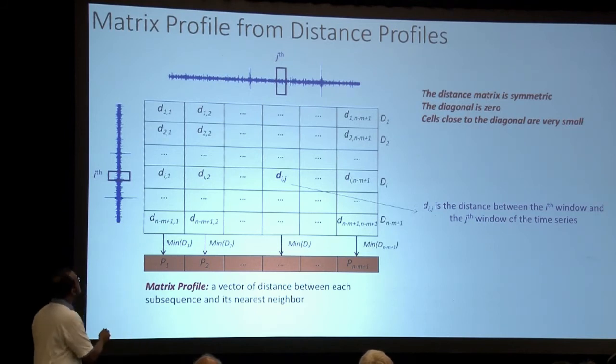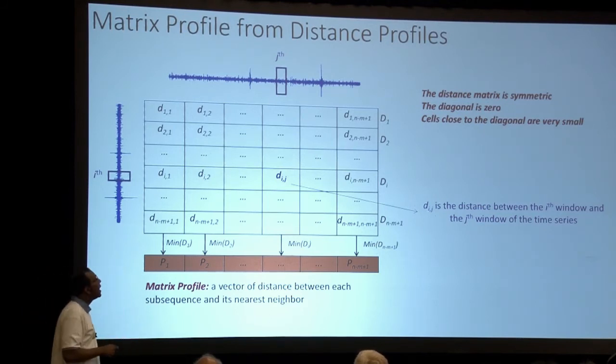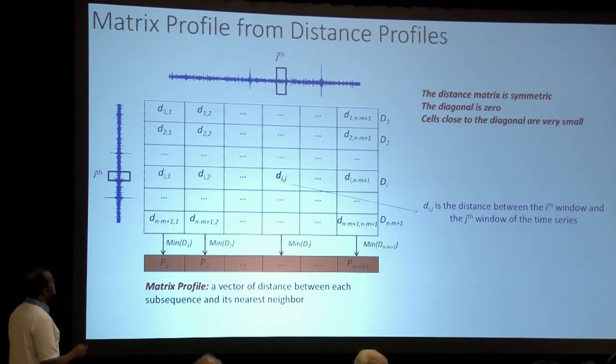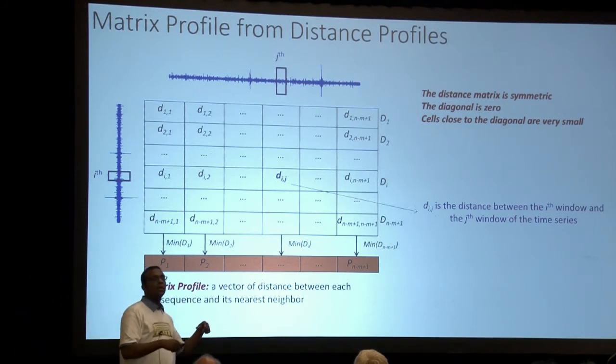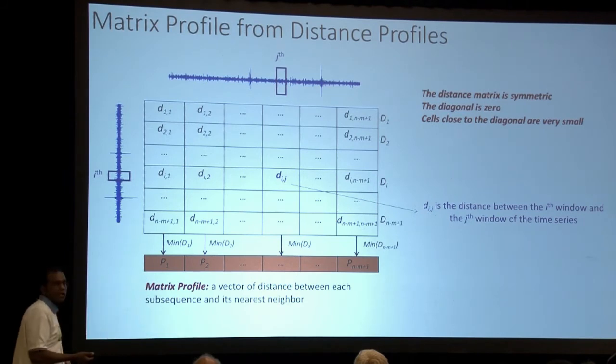So you have this distance matrix where each ij value says this is the distance between the ith window and the jth window of the time series. And the property of the distance matrix is that it is symmetric because it is the same time series. We are doing a kind of self-join. So ij and ji are identical distances.